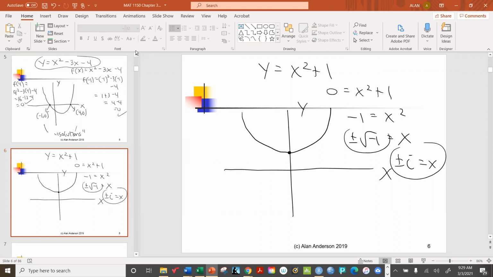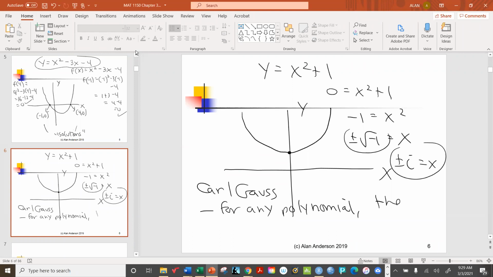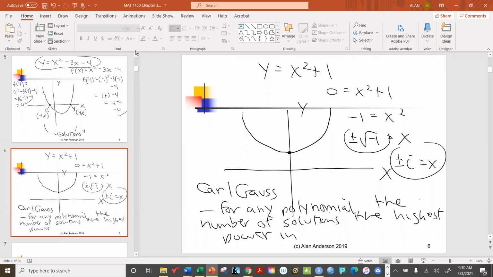But one of the great mathematicians of all time, Carl Gauss, came along and said, no. He basically told us that for any polynomial, the number of solutions equals the highest power in the polynomial. In other words, in this case, that would be 2. So we're guaranteed the existence of 2 solutions, real or imaginary.